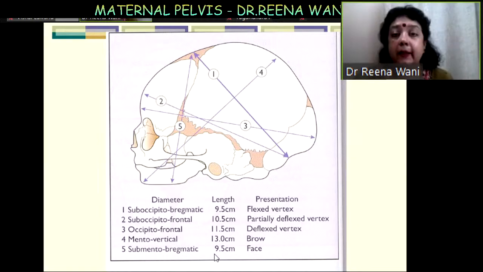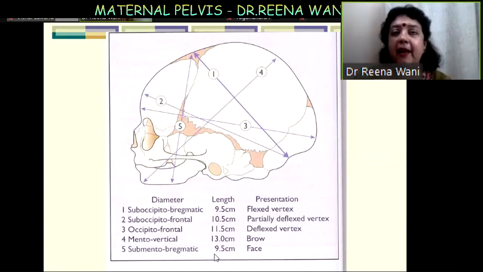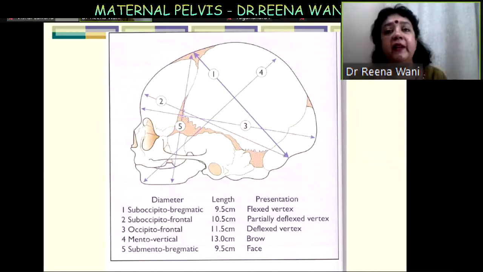Another thing, molding. Now we talked about the suture lines and fontanelles. The phenomenon of molding is nature's beautiful way of allowing a borderline pelvis to deliver a baby who is reasonably sized vaginally. By overlap, the forces of labor can achieve overlap of up to 1 to 1.5 centimeters to reduce the fetal diameter and allow vaginal birth.